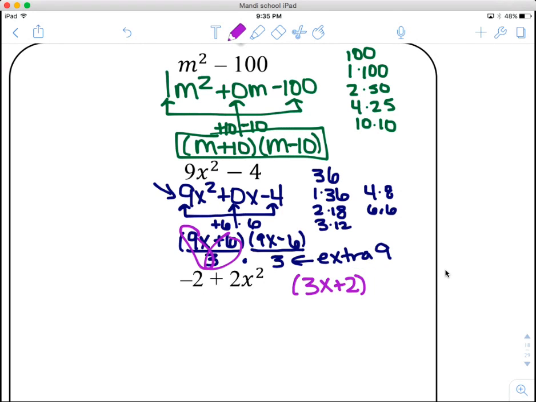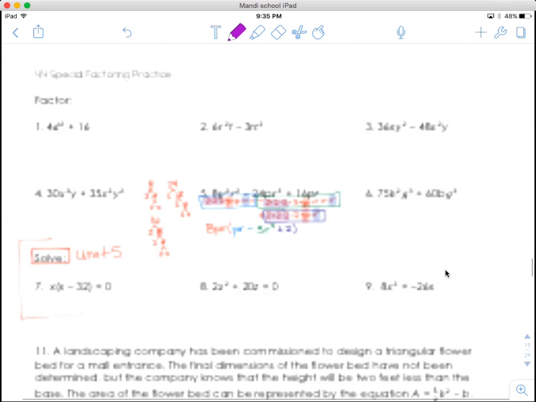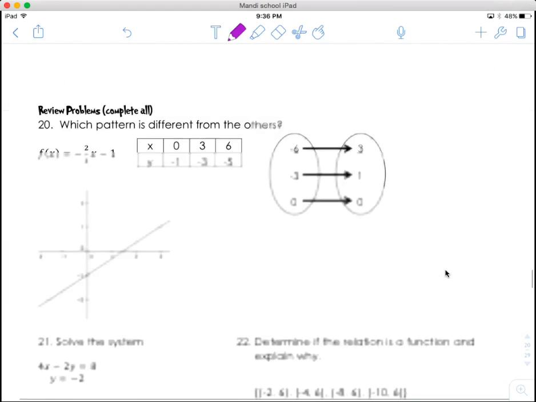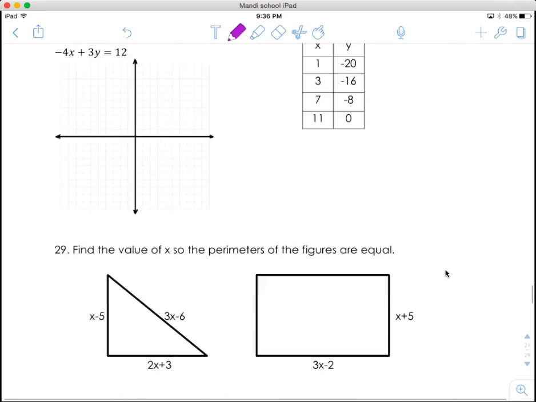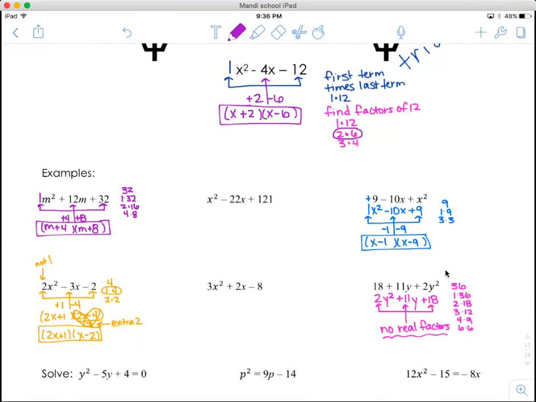And the same thing here, we're going to have 3x minus 2. Okay, so now go back to the lesson again. You have plenty of these that we can practice on in class, and then you can do all of the review problems.